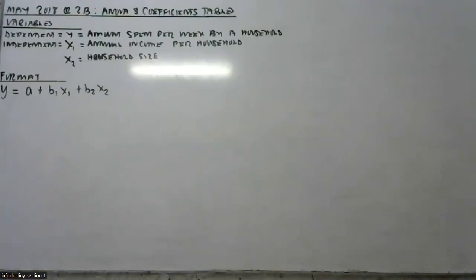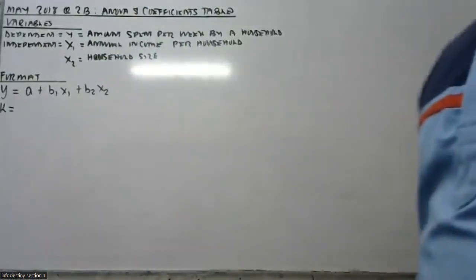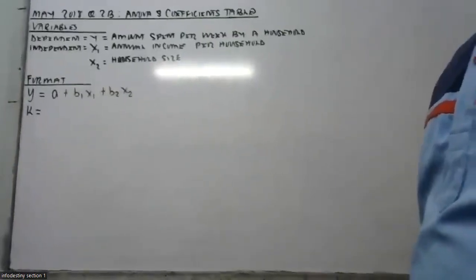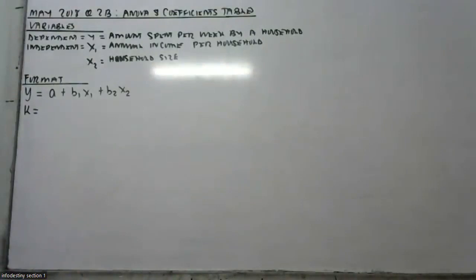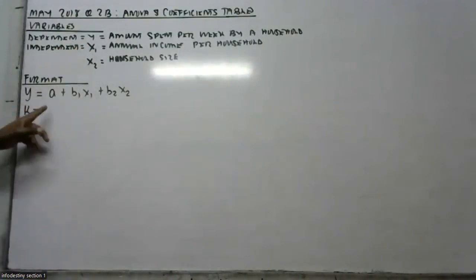And something else that you should quickly identify based on this is what we call K. K refers to the number of the computed variables. Let me put it in a very simple way. It is the items in this format which are not here. So the ones which are not there, it is 1, 2, 3. They are the ones that we shall compute.